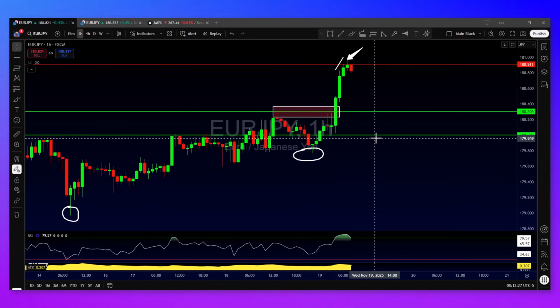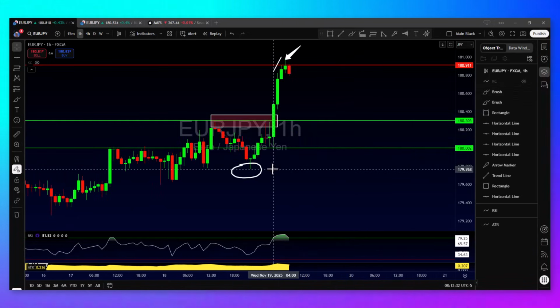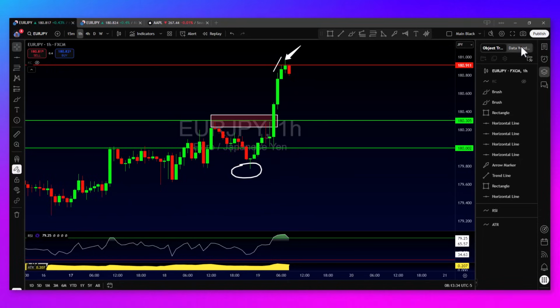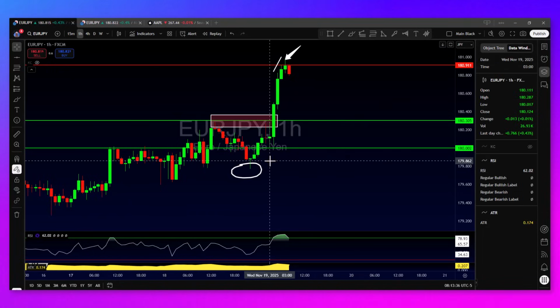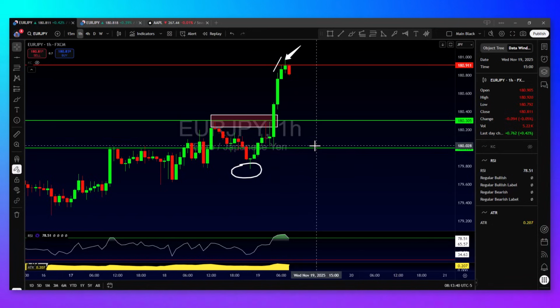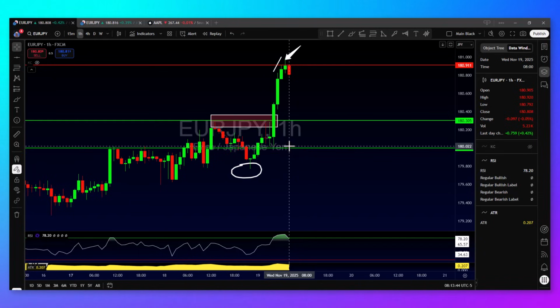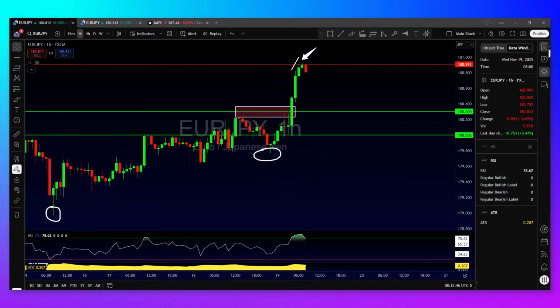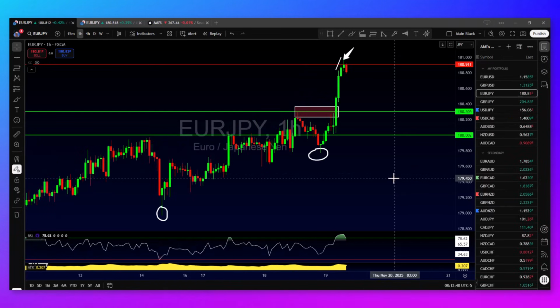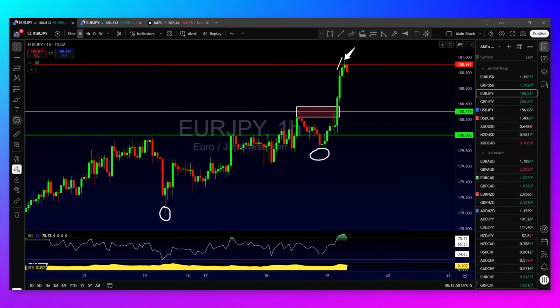So if you are someone that's shooting for 180, you might as well get, I think someone wrote this in too, 180.01, 180.02, just so you're not below the low there, because you don't want to get missed by like 1 pip or so. And again, lastly, we can bring in some volume.